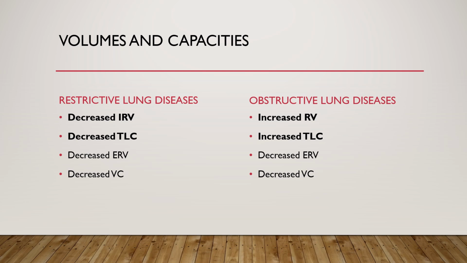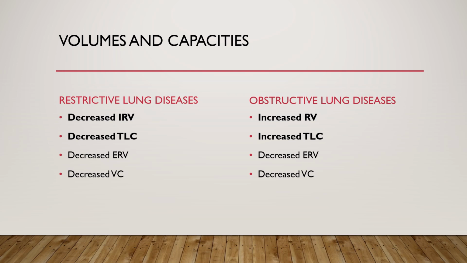With obstructive lung diseases, we're going to see an increased residual volume, and that's that air trapped in the lungs, and an increased total lung capacity. And that's just due to the expansion of the alveolar sacs over time because of the air occupying space and decreased elasticity in the lung tissue.